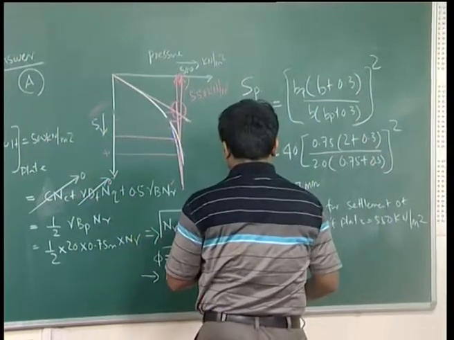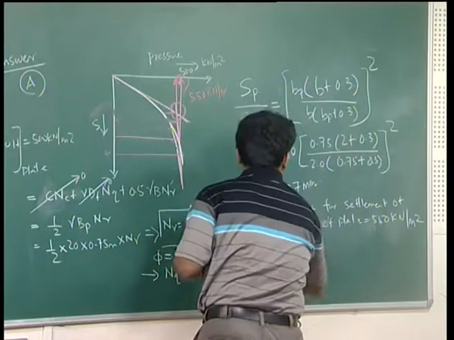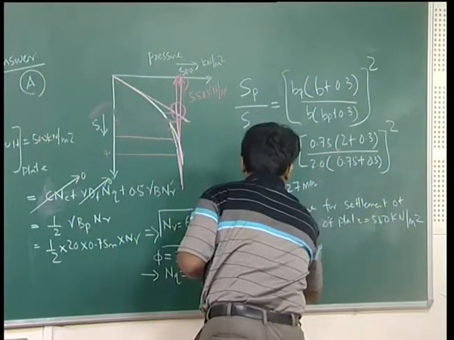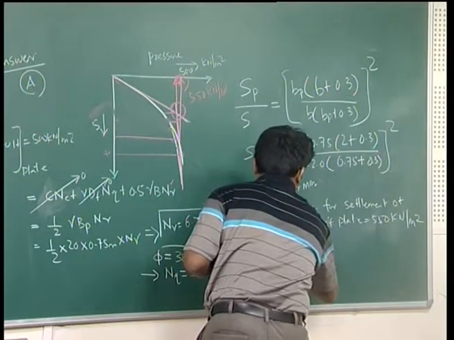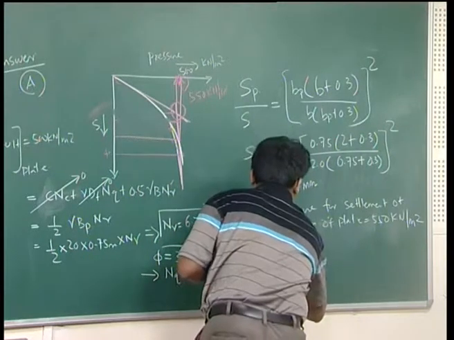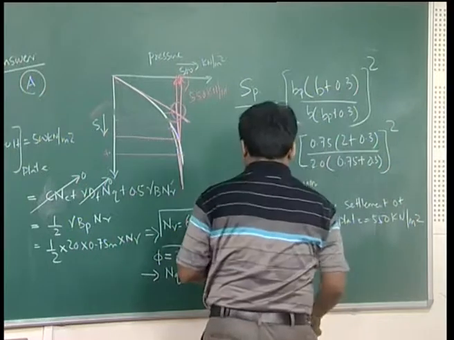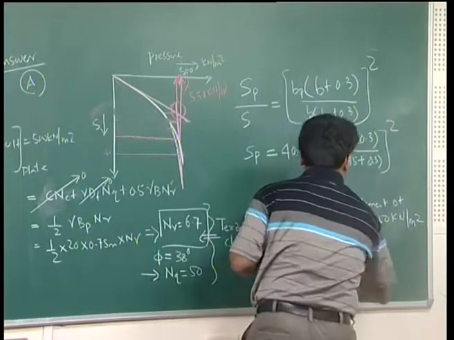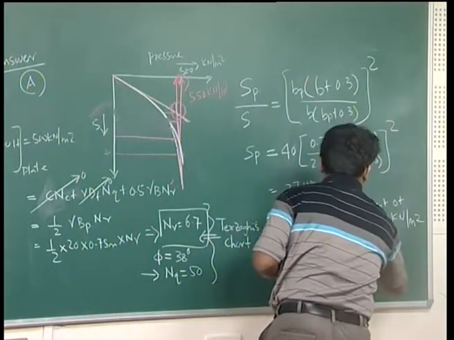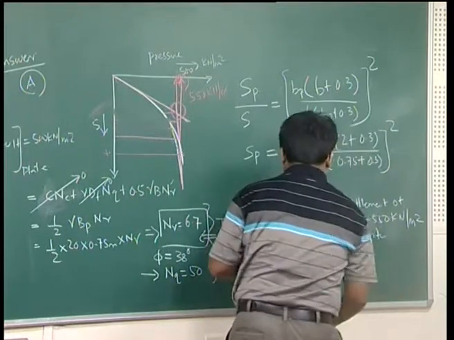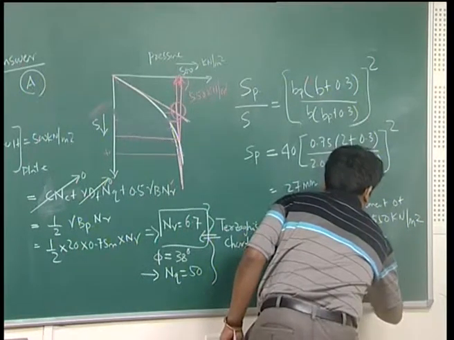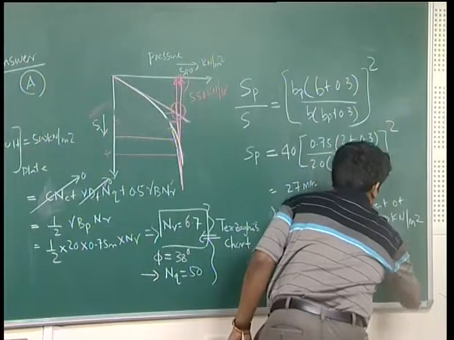Secondly, the allowable bearing pressure: the first one is shear criteria, the second one is settlement criteria, then this is the minimum.